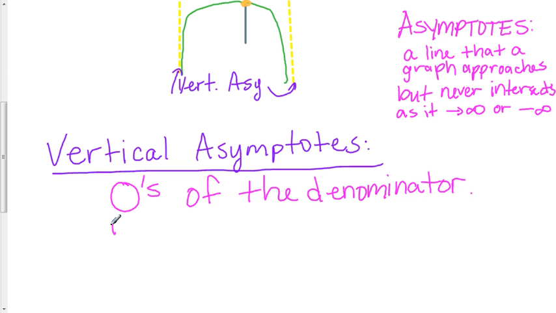You could say the roots of the denominator. Set it equal to 0 and solve it. Sometimes there may be one, sometimes there may be two, sometimes there aren't any vertical ones. All you have to do is solve it for the variable in the denominator, and any of those places are vertical asymptotes. Actually, I shouldn't say any of them. They could be vertical asymptotes.